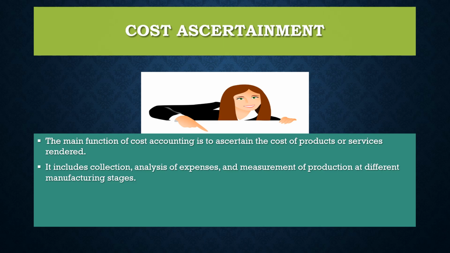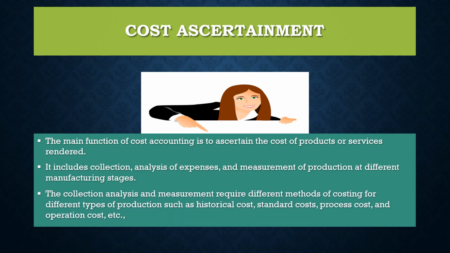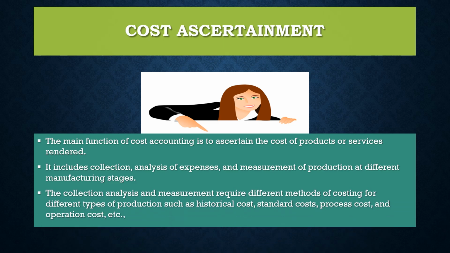After collecting, analysis of the expenditure is required, and then measurement of production at different manufacturing stages. For the purpose of cost analysis, analysis of expenditure and measurement of production, there are different methods of costing. There are historical cost, standard cost, process cost, and operation cost.